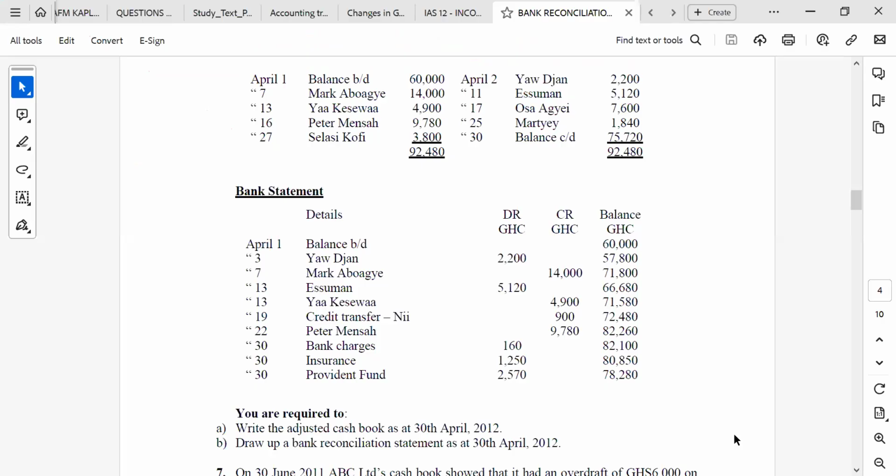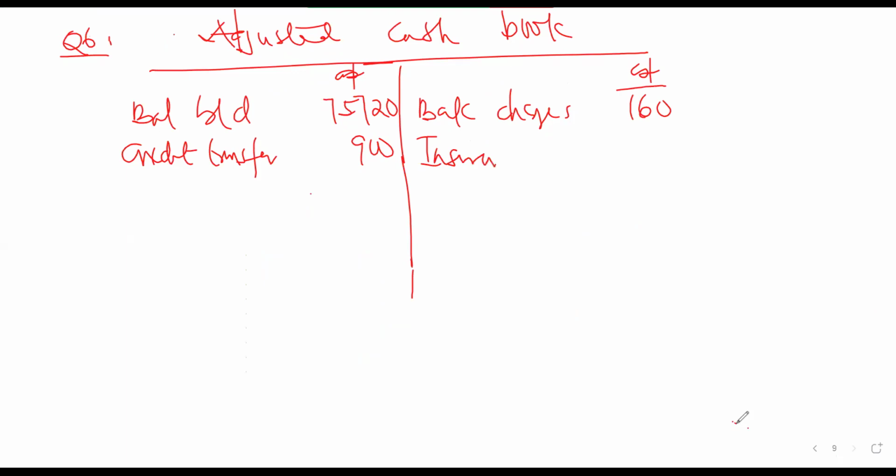Let's come here. I'm seeing insurance of 1,250. It means that they have paid insurance on our behalf. Has that been captured in the cash book? No, sir. So we have to go and capture it. Insurance of 1,250. Okay.